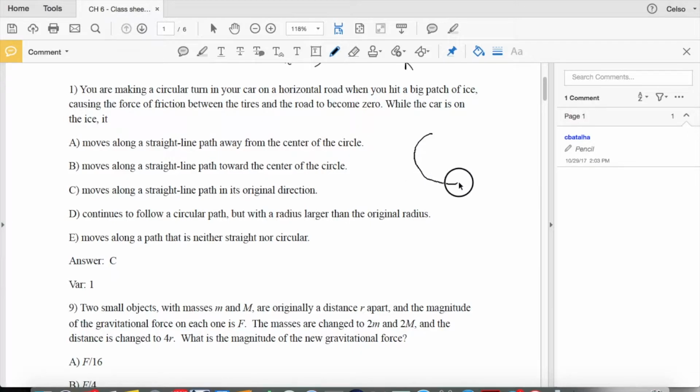Here's like a circular path, and we are looking at it from the top, right? And you have a car, one wheel, another wheel. We are looking from the top, and here's the car, kind of, right? And it's going in that direction, but it's rotating, right? Because friction allows the car to be kept inside this path.